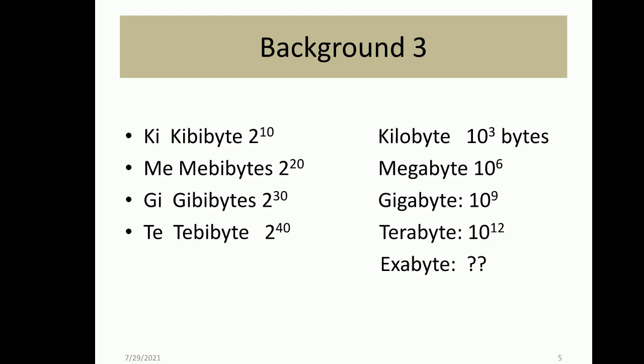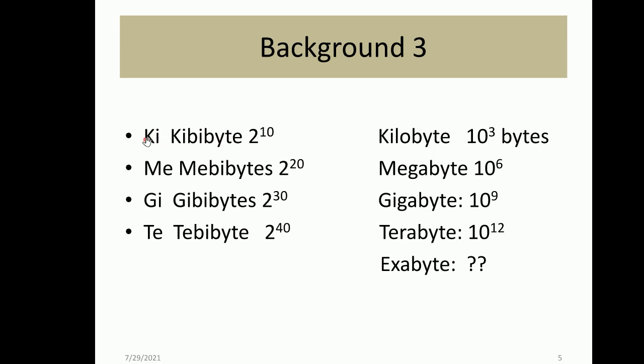And a little bit more background. I don't know whether you've heard of these expressions, but they do exist, and it's a measurement of number of bytes expressed in terms of powers of 2.